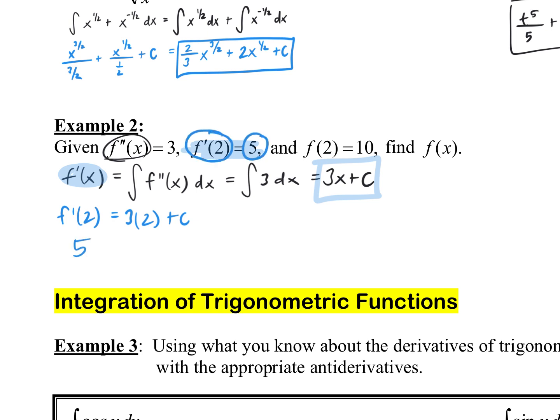So 5 equals 6 plus c, which means that c equals -1. So my f prime of x function is actually 3x minus 1.